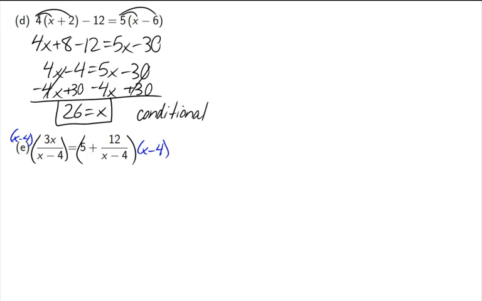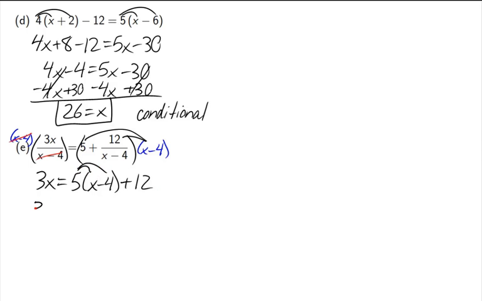So when I do that, on the left side, I just have 3x. On the right side, I do need to distribute the x minus 4 to both terms. So I get 5 times x minus 4 plus, and then in the second term, the x minus 4's cancel and just leave me with a 12.